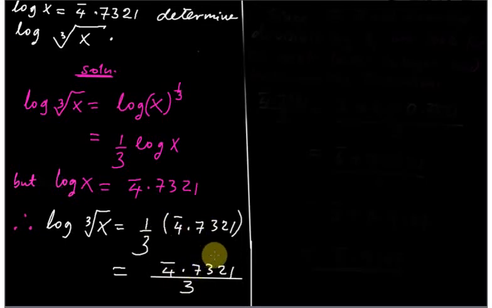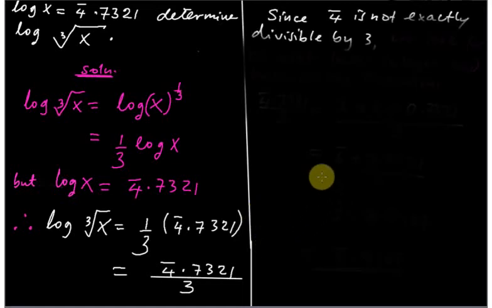Now we continue. We look at our characteristic. This is your characteristic, and we have to be very careful. This here is the mantissa. Since our characteristic is not exactly divisible by 3, we start our technique.